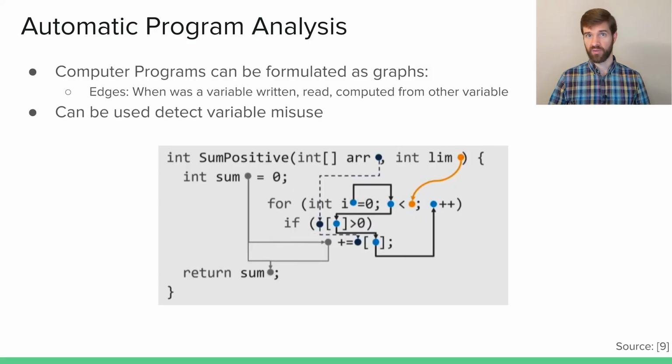If we are programming, then the computer programs themselves can also be formulated as graphs. I think most of us know the abstract syntax tree. It is a graph. And for example, we can say in our graph we have edges whenever a variable was written or whenever a variable was read.